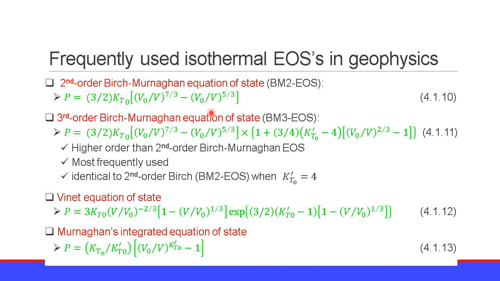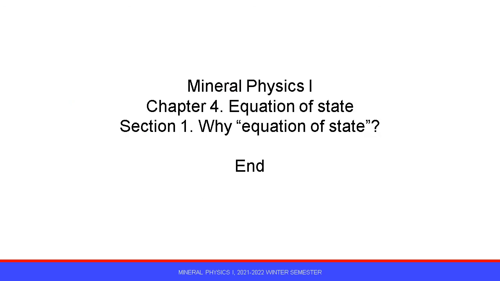So I will explain these four equations of state from the next section. So this is the end of Section 1, why equation of state, in Chapter 4, Equation of State.